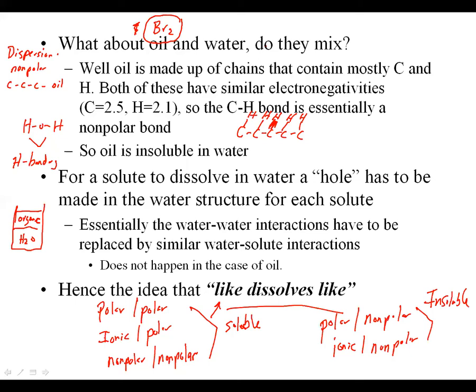Now, if you take Br2 and put it in something like CCl4, carbon tetrachloride, and you look at the molecular geometry, this is a symmetrical molecule and has everything attached on the outside the same. This is going to be a nonpolar molecule.